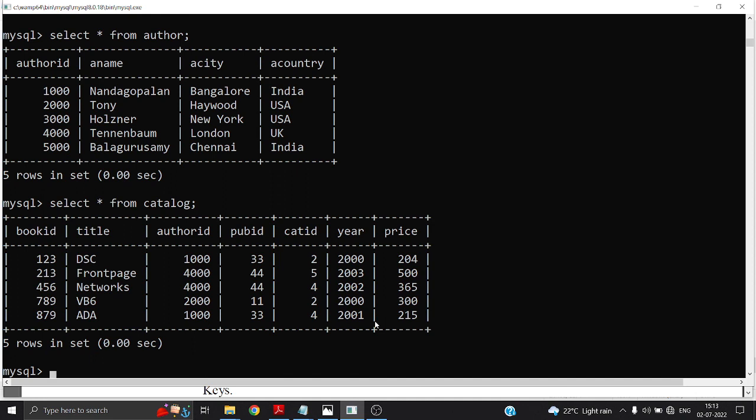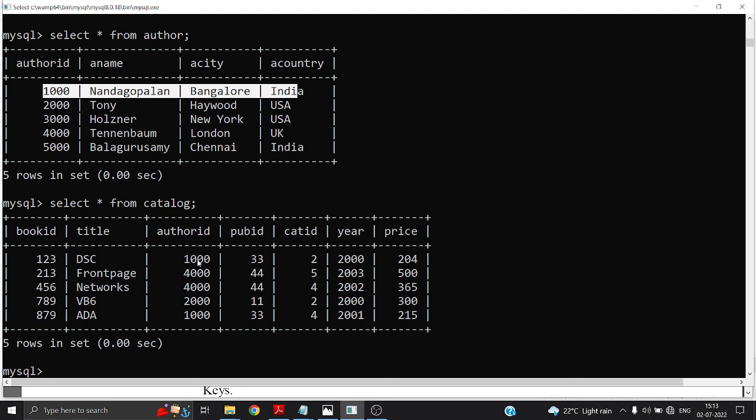The meaning of on delete cascade is that when parent table records have been deleted, say for example 1000, when this record has been deleted from the author table, the corresponding records will be deleted from the child table.